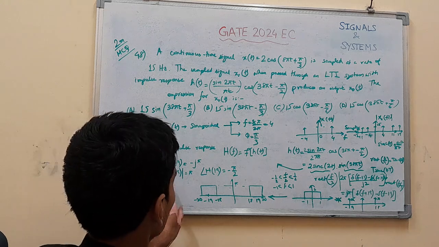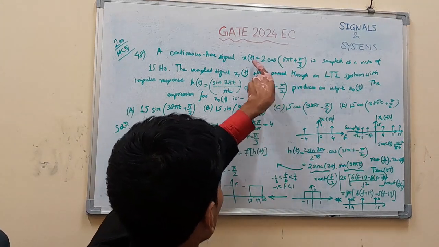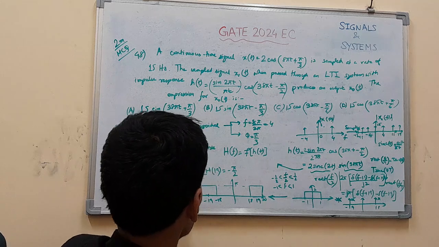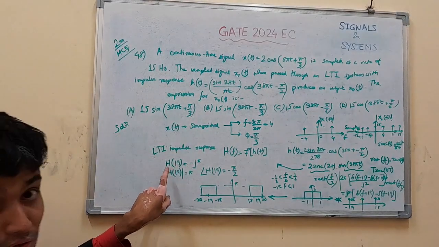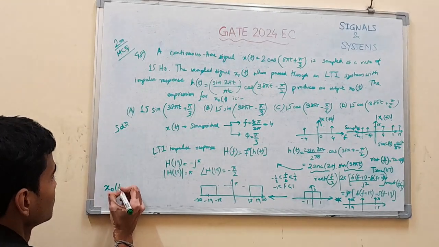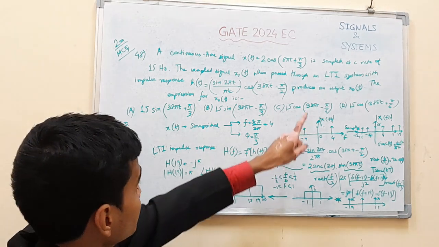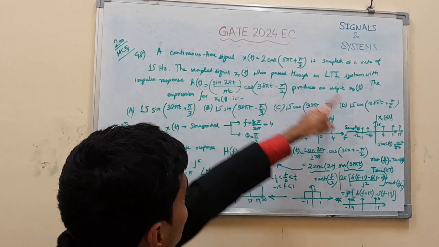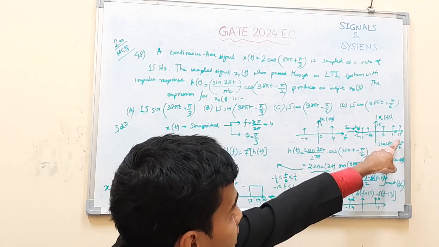So basically, if we pass the sampled version of xt through this filter having these characteristics, at a frequency of 19 Hz, the magnitude gets multiplied. The magnitude is pi, and pi will get multiplied to 15. Here the magnitude is 15 for the component at f equal to 19.